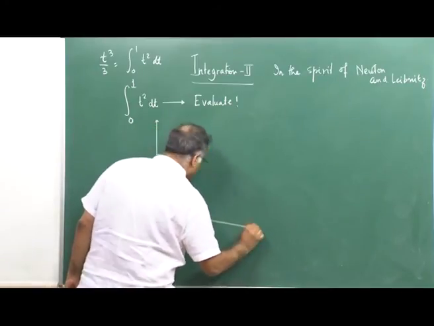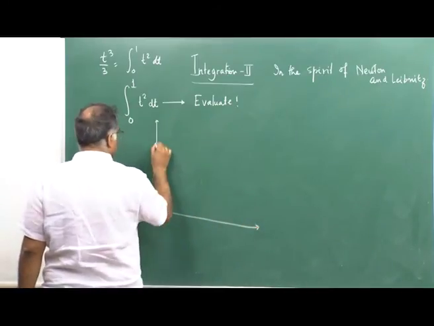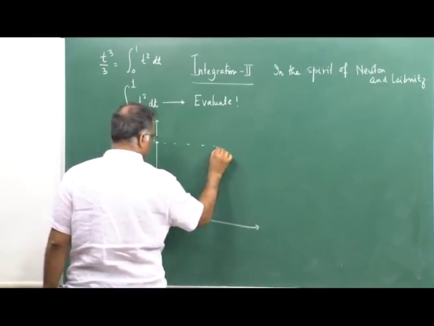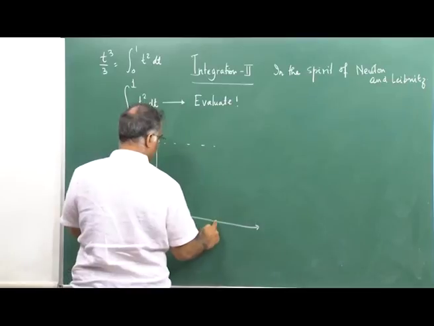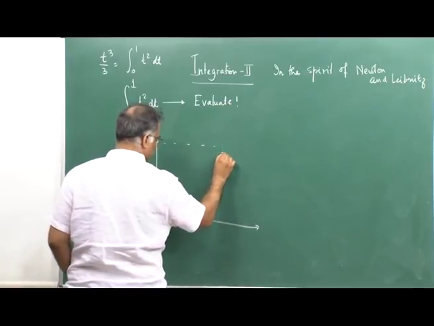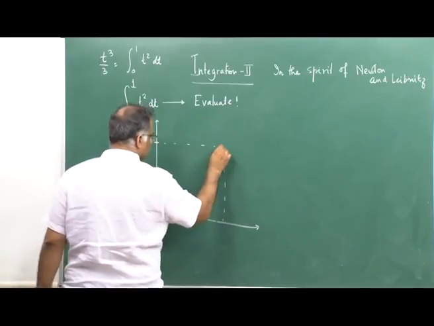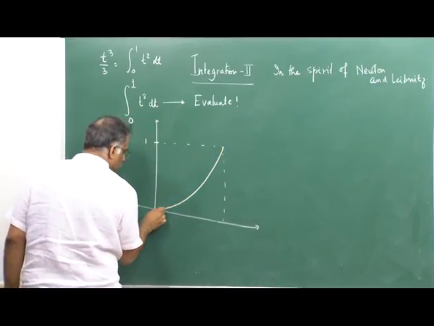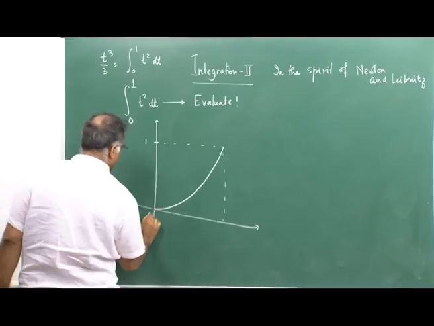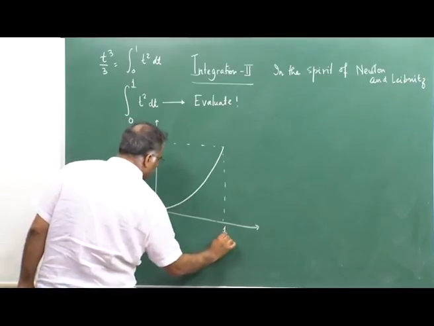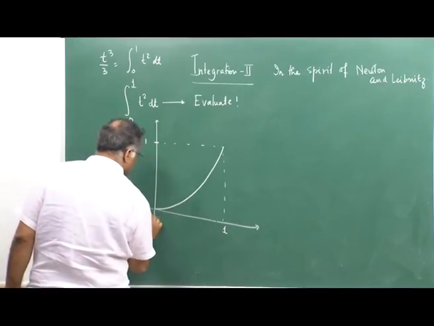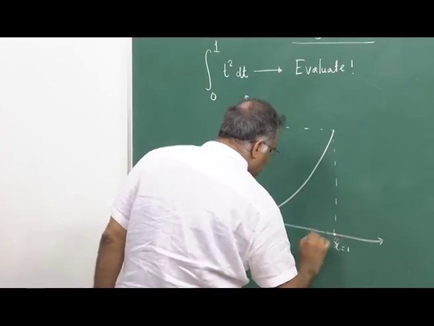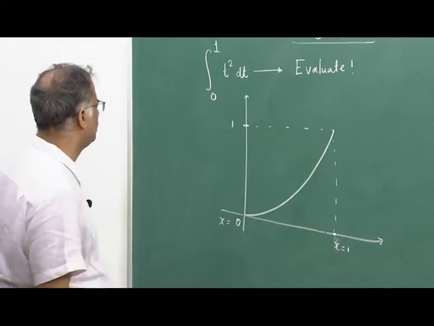So, here I am looking at the part of the graph y equal to x square. This is 1, and this same length, this is 1. So, this is 0 and this is 1. This is y equal to x square.